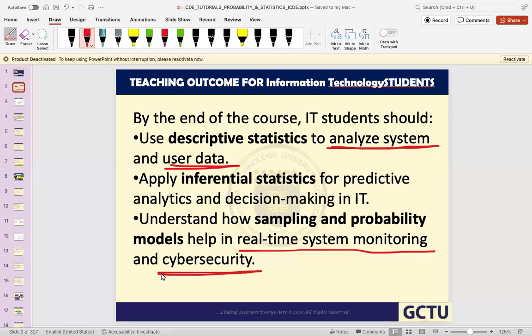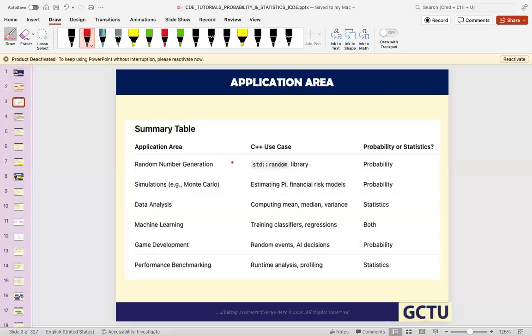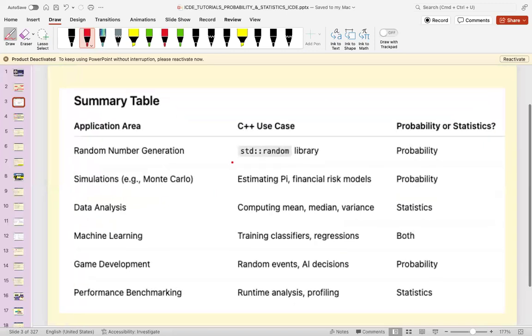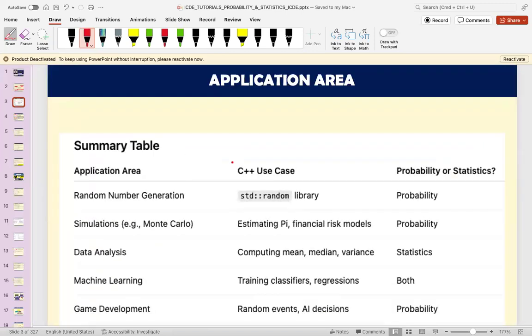We need to understand some of these foundations well, so that when we come to predictive models, we can understand them as well as descriptive models. As a result, there are some areas that we will be applying probability and statistics as information technology experts in future.